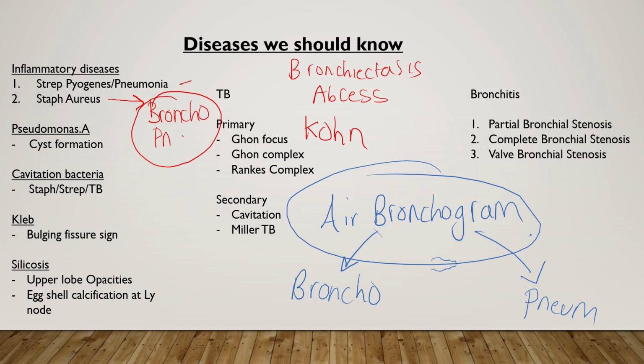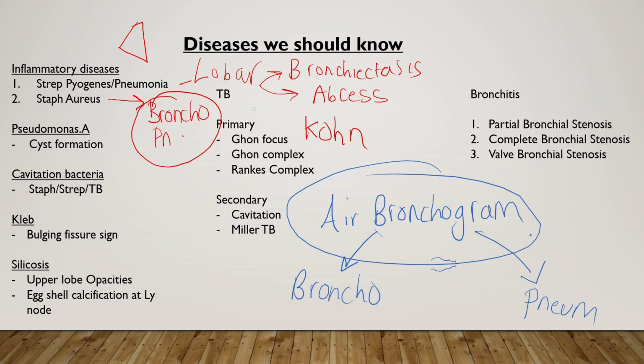Strep causes pneumonia generally, and this pneumonia can occur, according to Google and a lot of sources, anywhere. This pneumonia is lobar, meaning confined to a lobe, and this lobar pneumonia is usually triangular in shape. All right. One thing I want to mention is the complications. Bronchiectasis is a complication.